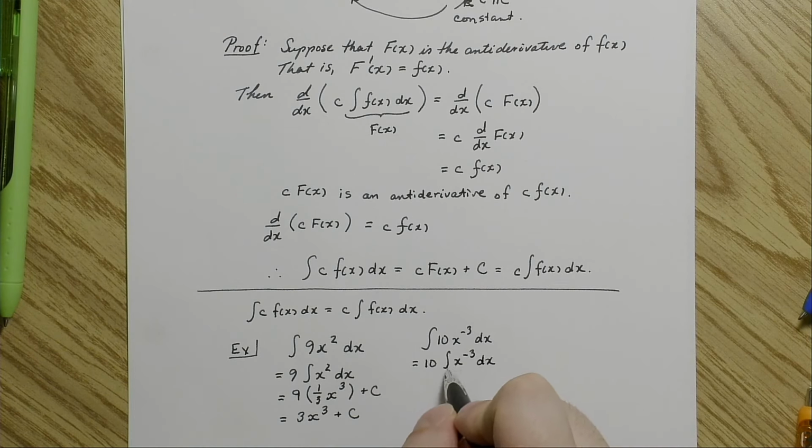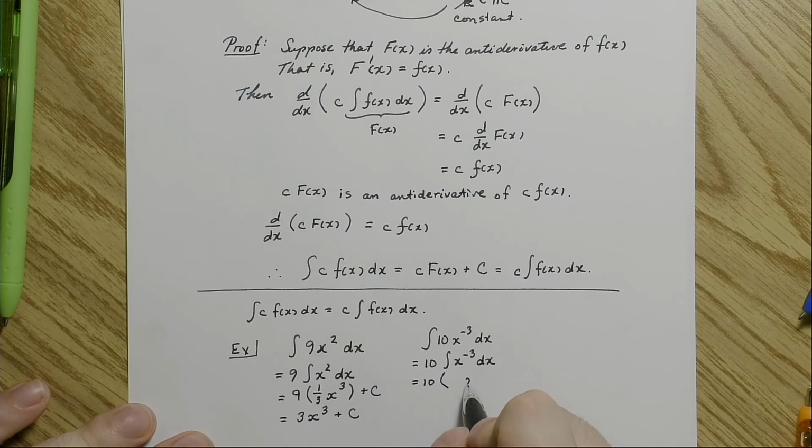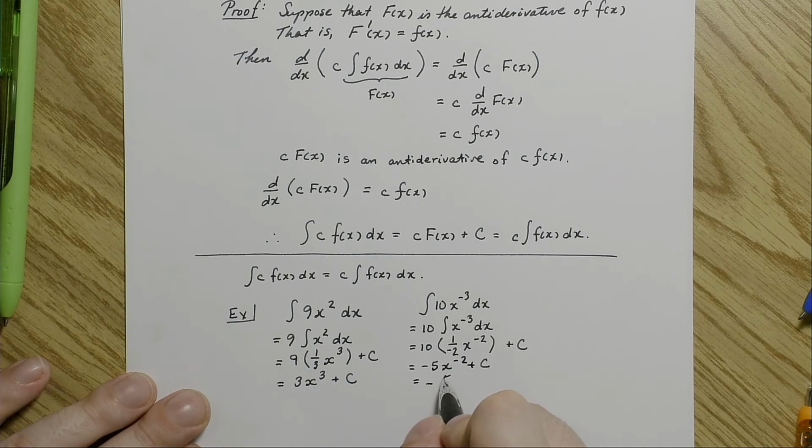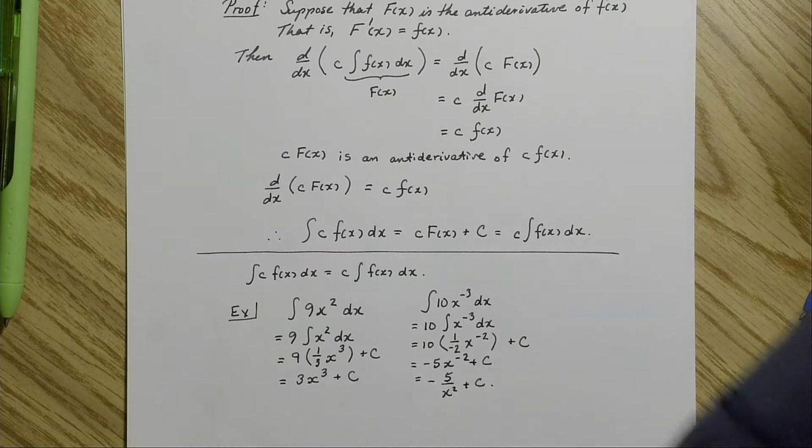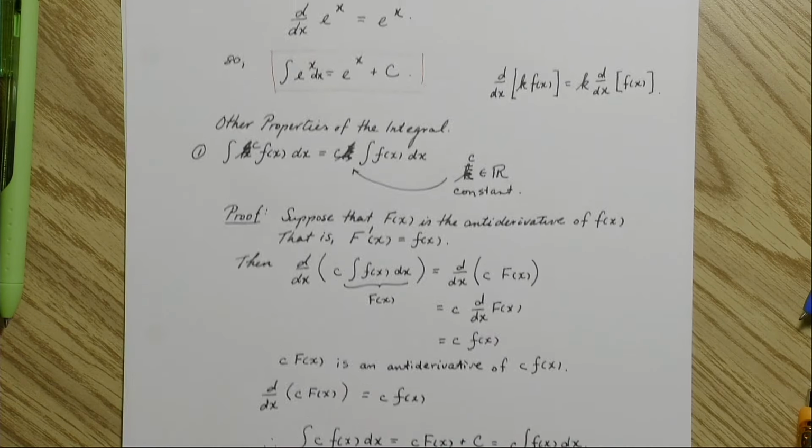So I have 10 times the integral, and so I have x, this goes up by 1, so minus 2, 1 over minus 2 plus constant. 10 divided by 2 gives me 5, so it's minus 5x to the minus 2 plus c, or you can rewrite that as minus 5 over x squared plus c. Okay, so that's the first property.